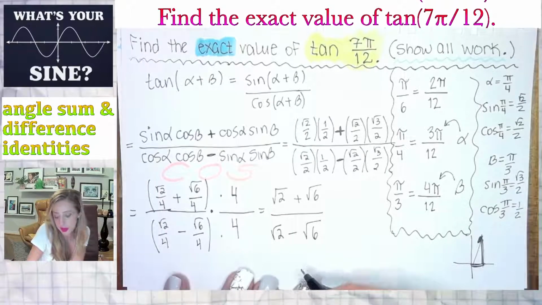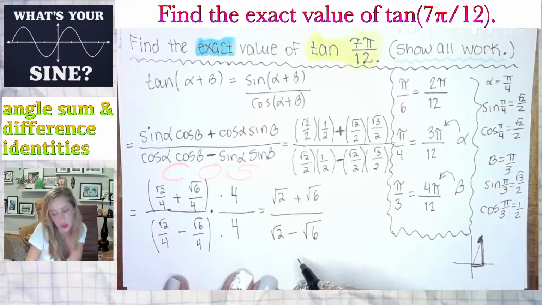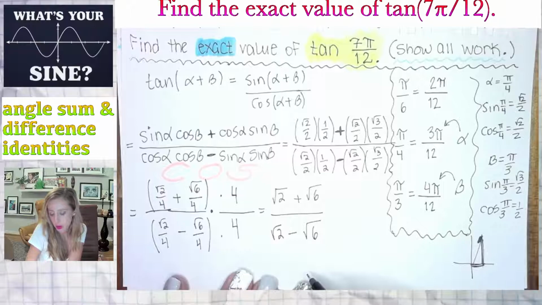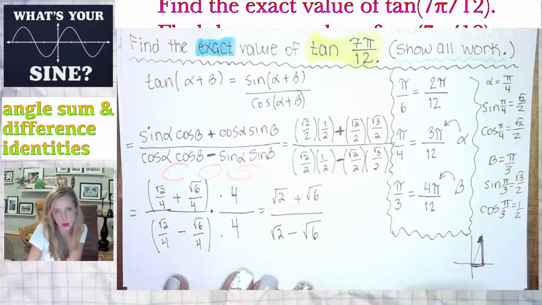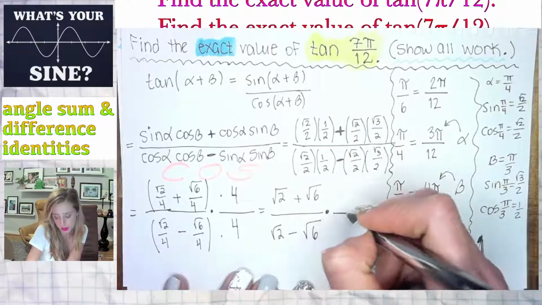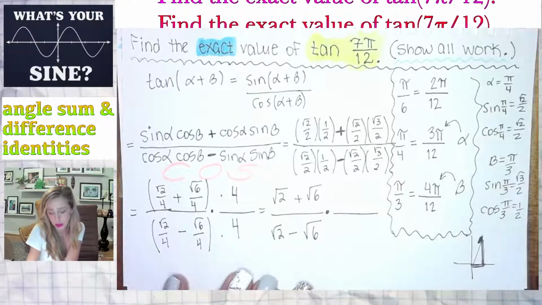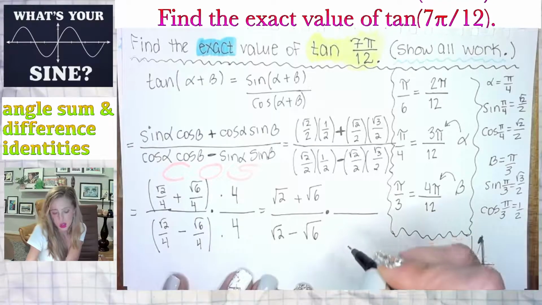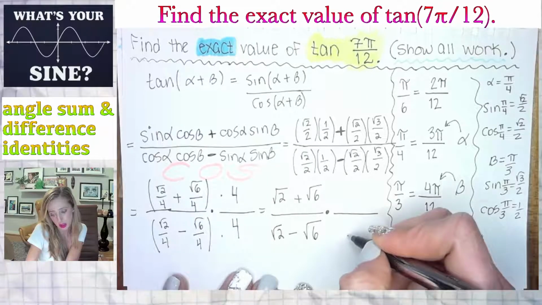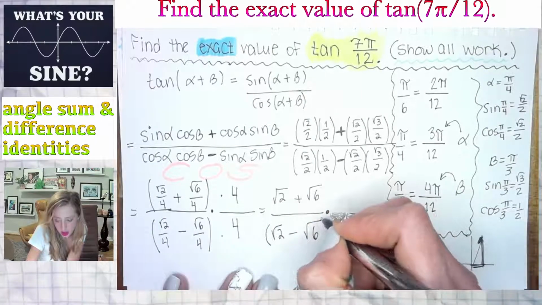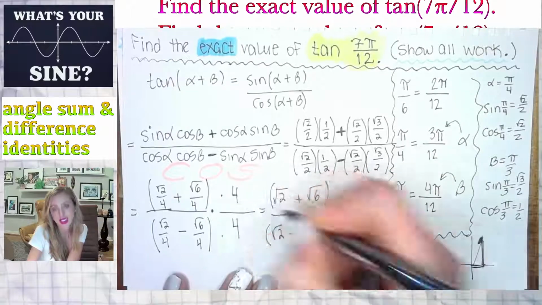No, we don't multiply the top and bottom by radical 2. No, we don't multiply the top and bottom by radical 6. No, we do not multiply the top and bottom by radical 12. I hope that somebody out there remembers, between geometry and algebra and earlier this school year, that you multiply the denominator and the numerator by the conjugate of the denominator.